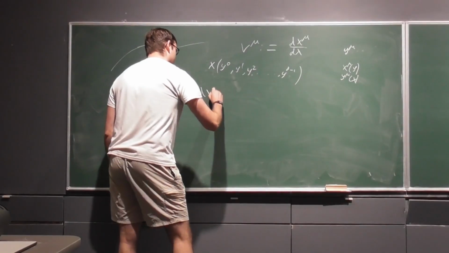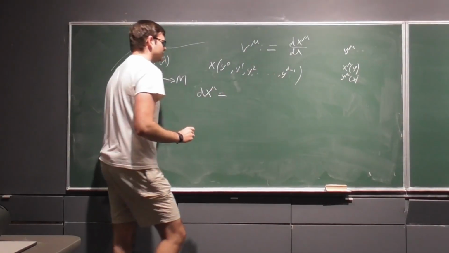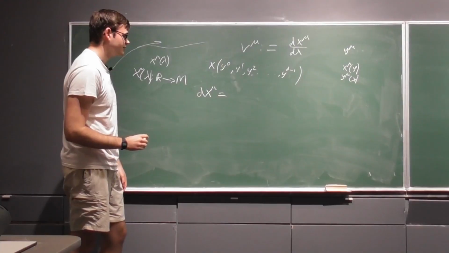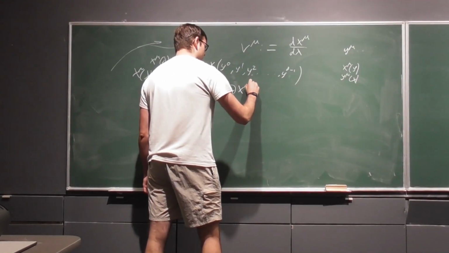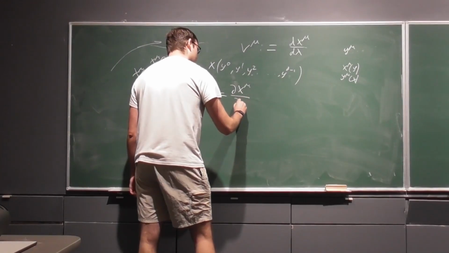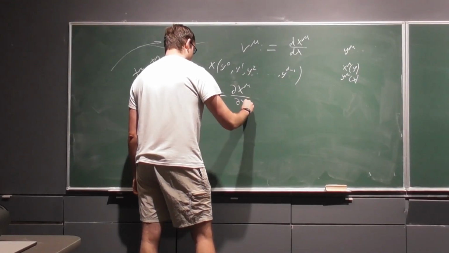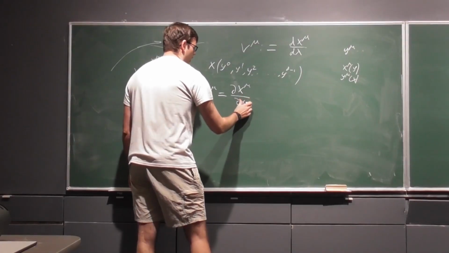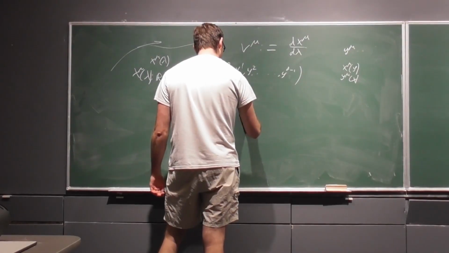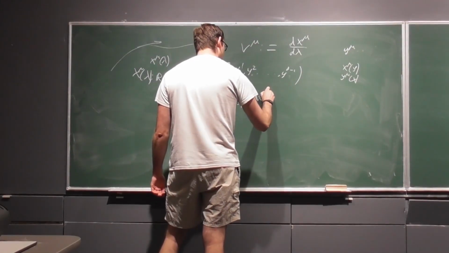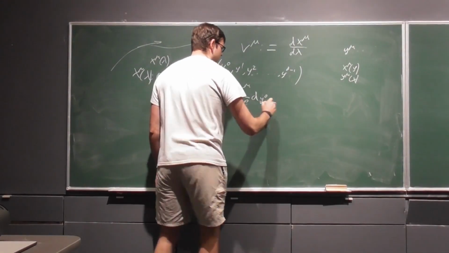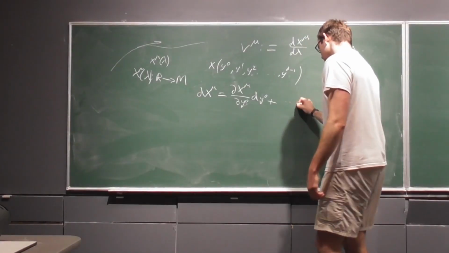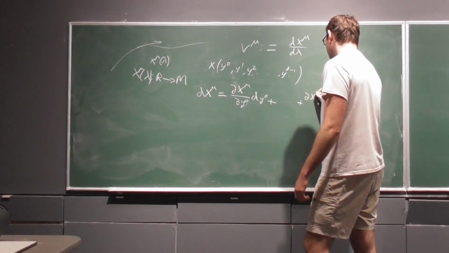Well, like this. I'm studying multivariable calculus. This is going to be the partial derivatives: partial x mu over partial y0 times dy0, plus all the partial derivatives, right?